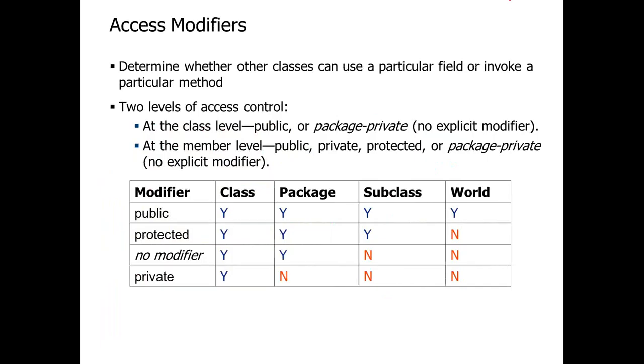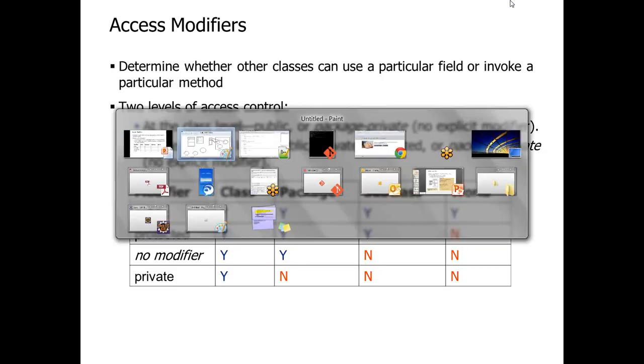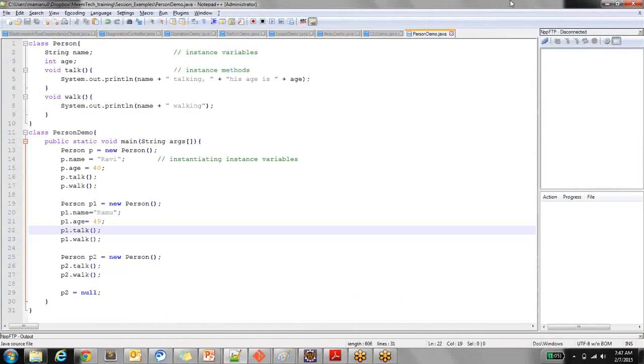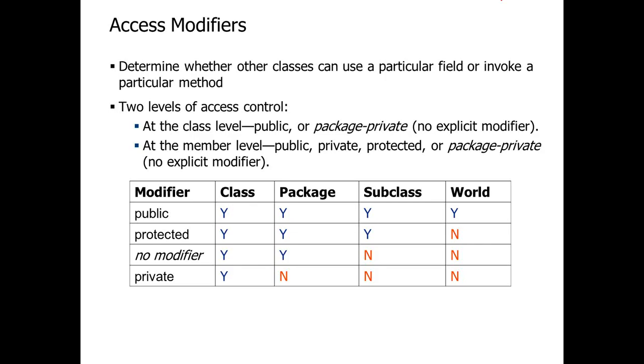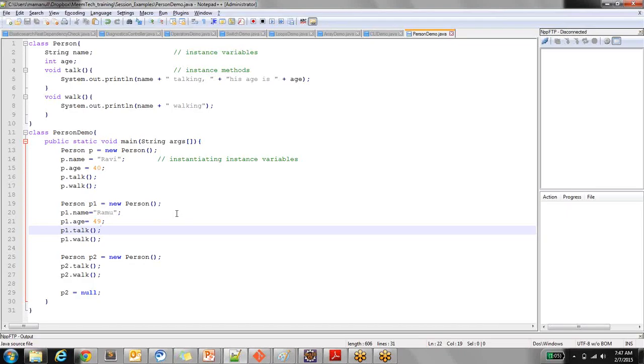Alright. So let us discuss these access modifiers which can help you control the access of your data. Now this will determine whether your classes can invoke a particular method or a field. This actually gives access to your data and your methods. Now there are 4 access modifiers with respect to your members.